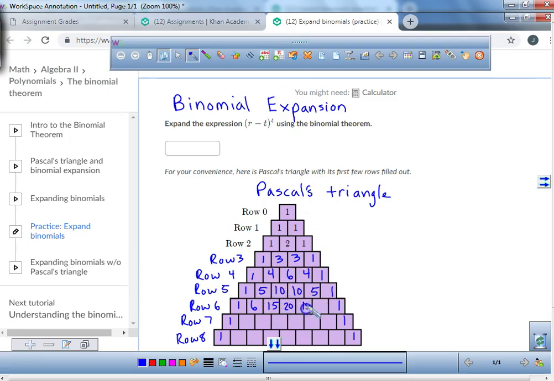Then we have 15. Then we have 6. 7. 21. 35. 35. 21. 7.